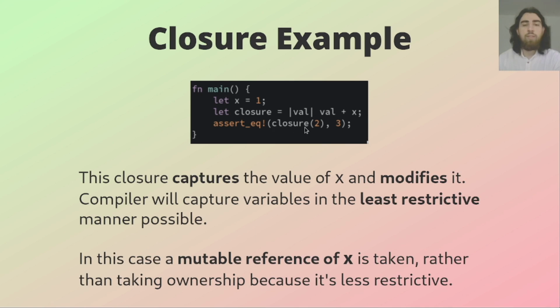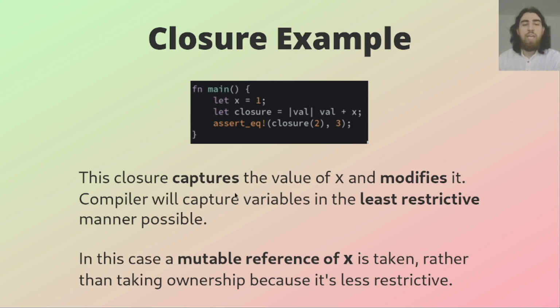So in this case, as you can see, we call the closure using the variable name closure and then providing it an argument, right? So actually this closure call should evaluate to 3 because we provide 2 here, meaning val will be 2 and adding x to it, 1, so 2 plus 1 will be 3.